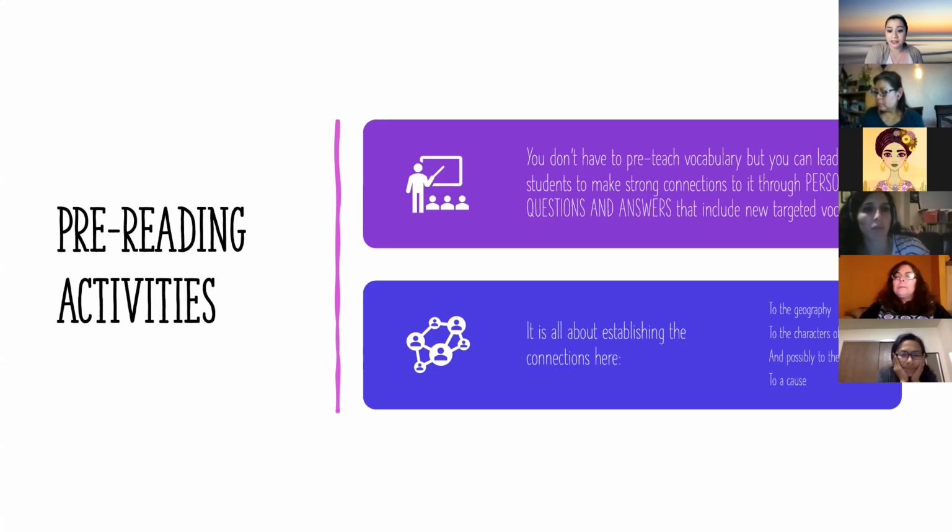Maybe they're going to start caring about the environment a little bit more, and things of that nature, depending on the topic of the novel. Okay, so pre-reading is all about connecting our students. And if we connect our students successfully, they're going to be invested in that book. And that's what we want. They're going to be engaged the entire time.